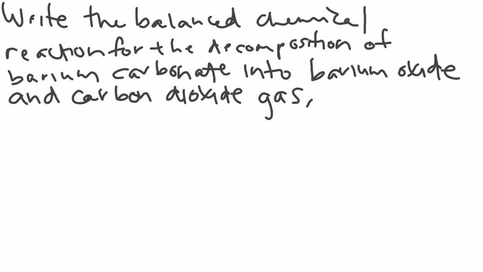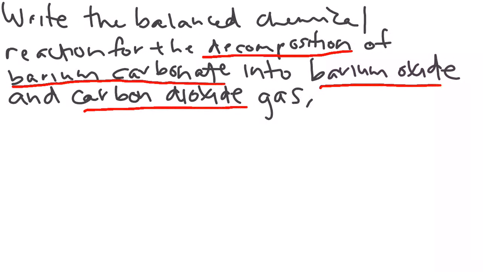This one says, write the balanced chemical reaction for the decomposition of barium carbonate into barium oxide and carbon dioxide gas. Decomposition just means breaking down. So essentially carbonate is being broken down into barium oxide and carbon dioxide gas. Let's write this one out. Barium carbonate, BaCO3: barium is in group 2A, so it has a 2+ charge.